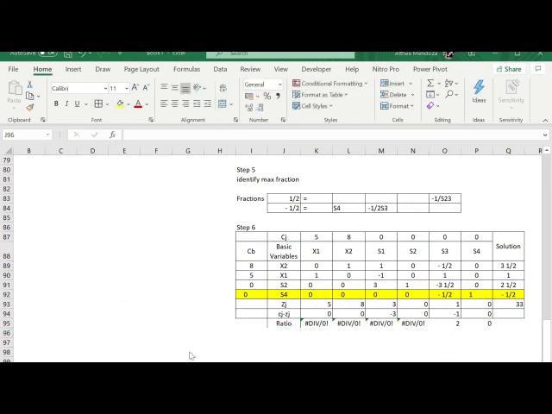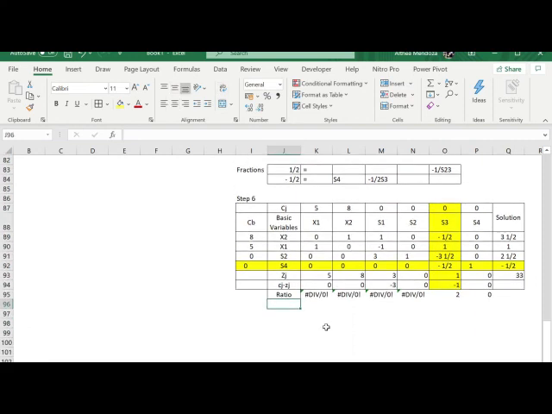Sa atin, ang smallest positive ratio is 2. Therefore, C is 3. Ang ating entering variable is 3. So, gawin na natin yung next table.